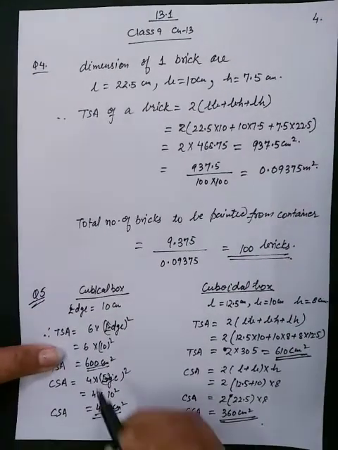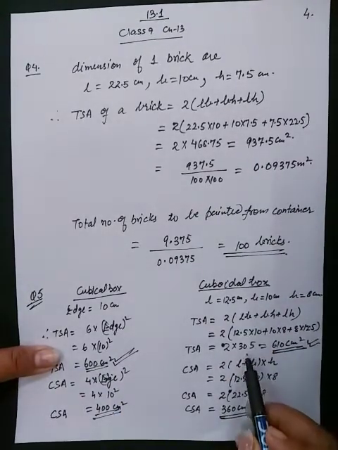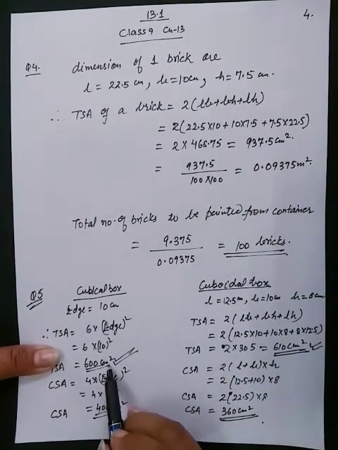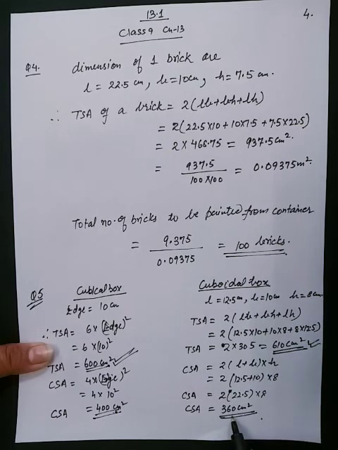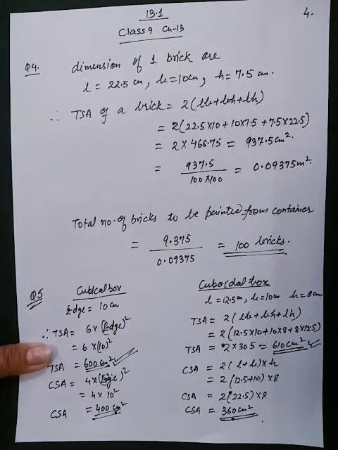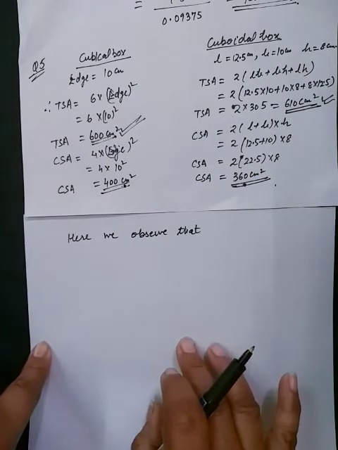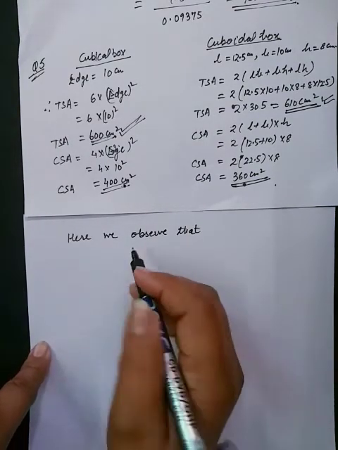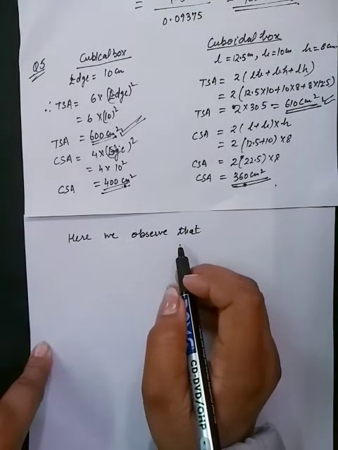Here we see that TSA of cuboidal box is greater than the TSA of cubical box, and CSA of cubical box is greater than the CSA of cuboidal box. In the first part, we have to compare their CSA, and we are asked to find which box has greater LSA.